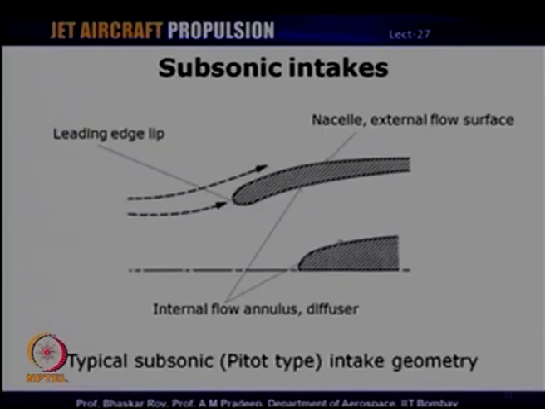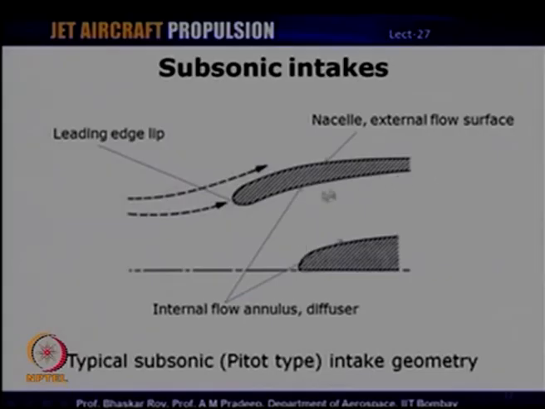A typical pitot intake, as I mentioned, is usually axisymmetric, like the intake which I had shown for the transport aircraft, that is an axisymmetric pitot intake. In a pitot intake, the geometry basically consists of the nacelle itself. The intake forms one part of the nacelle, and within the nacelle is the engine.